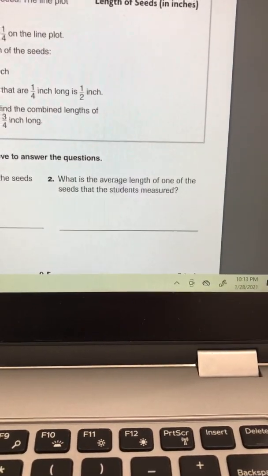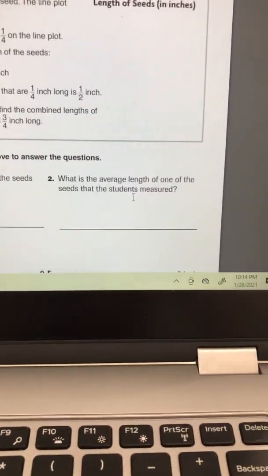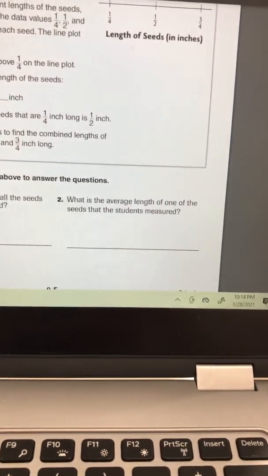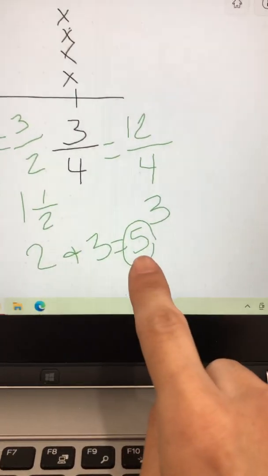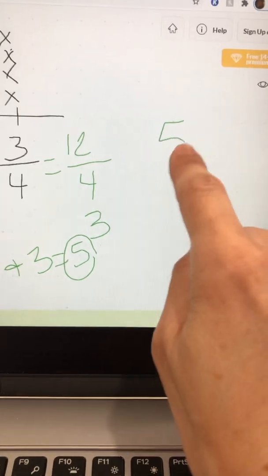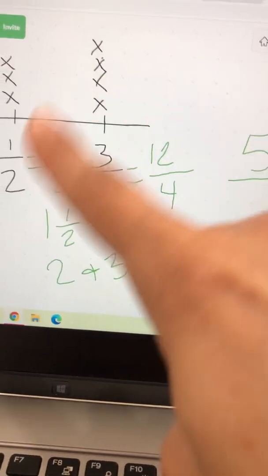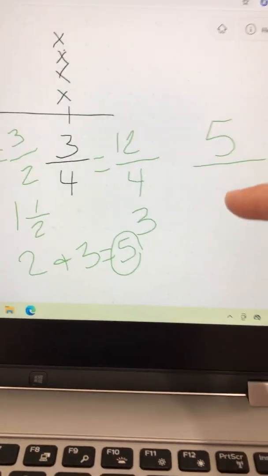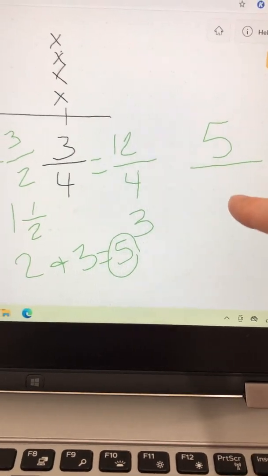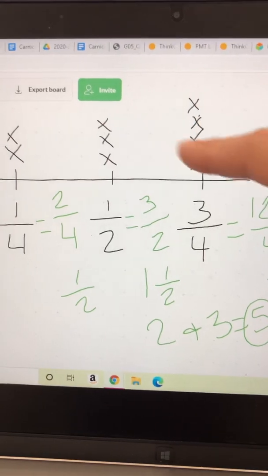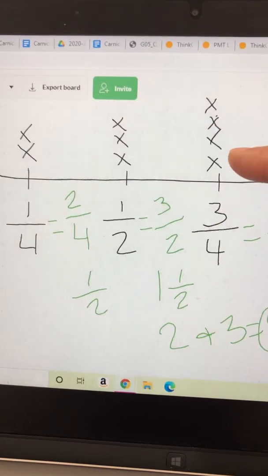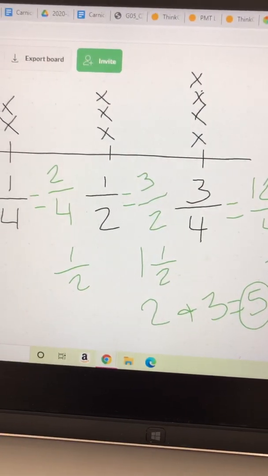Now, average length of one of the seeds. To find the average, remember that we already have our numerator here. So we're gonna write 5. Your numerator is always the sum that you get after adding up everything. And then the denominator, if you remember, is when we count all the x's that we have on the line plot and then use it as our denominator.